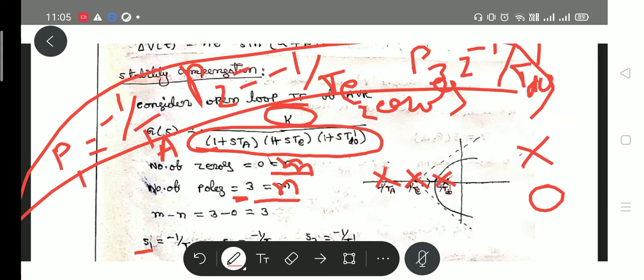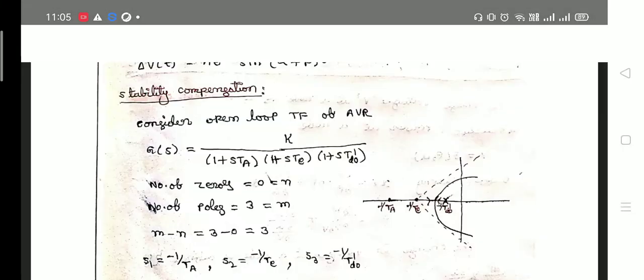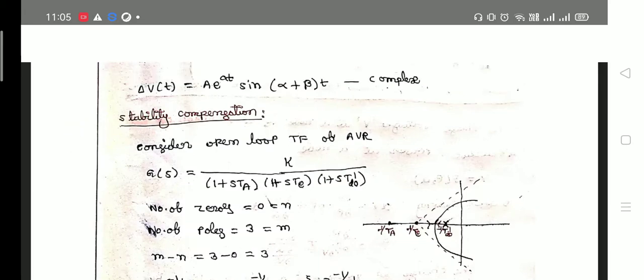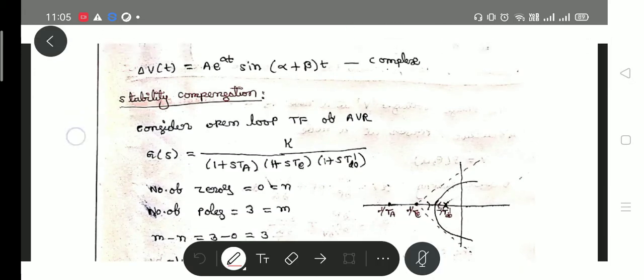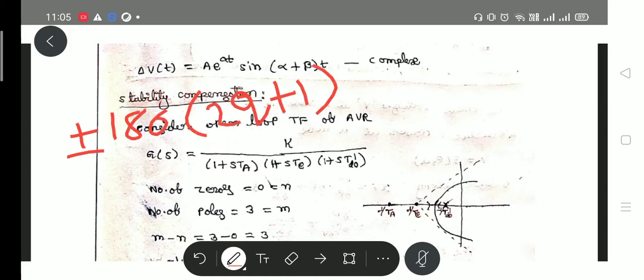So we can find the angle of asymptote and centroid. The angle of asymptote we can find by using the formula plus or minus 180 degrees into (2q plus 1) by (n minus m).